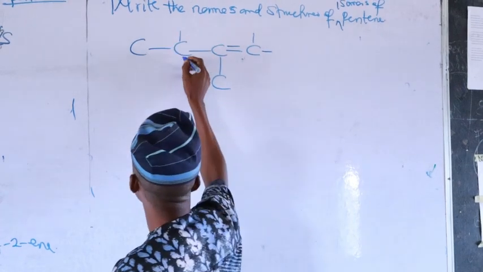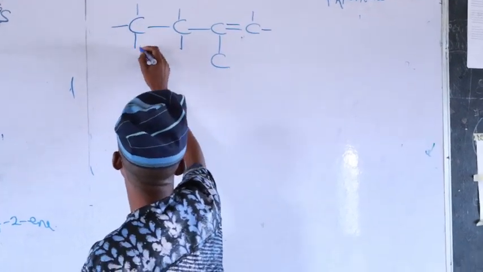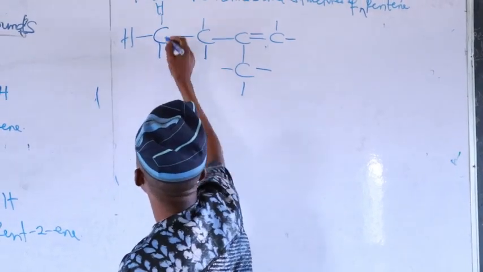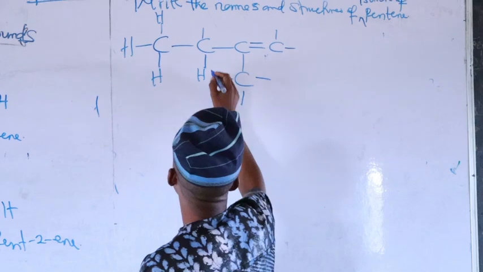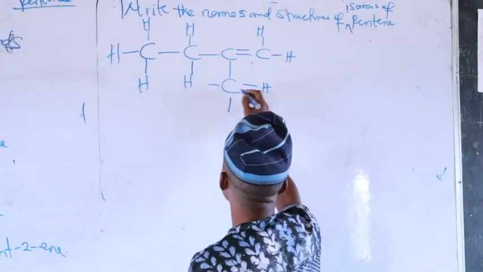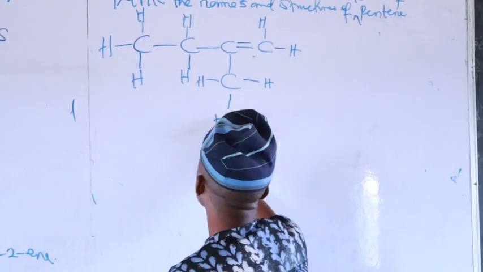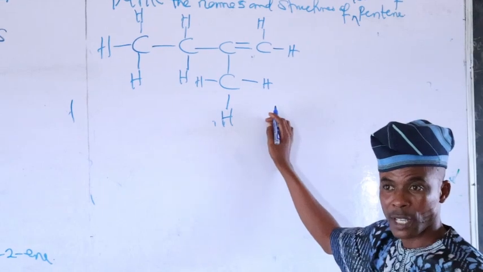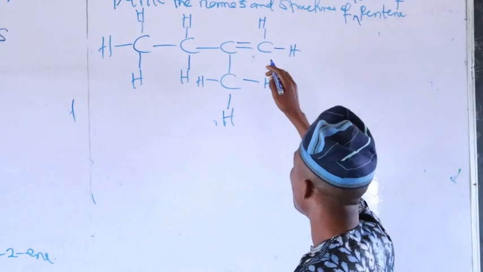You can have 1, 2, 1, 2, 3, 1, 2, 3. We have 1, 2, 3, 4, 5, 6, 7, 8, 9, 10. It is C5H10. But the name of this compound now becomes what?